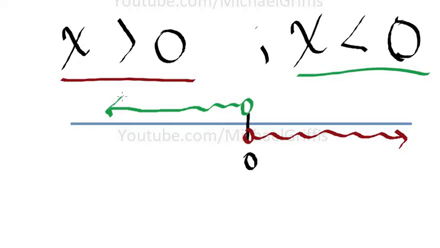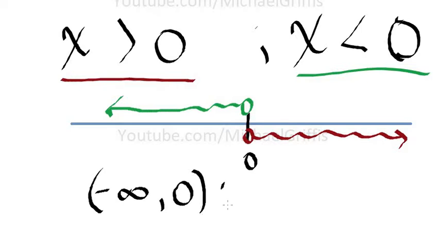Now we're going to write this in interval notation. For the green one, x is less than 0, so we're going out to negative infinity. We don't include 0, so we put a parenthesis here.